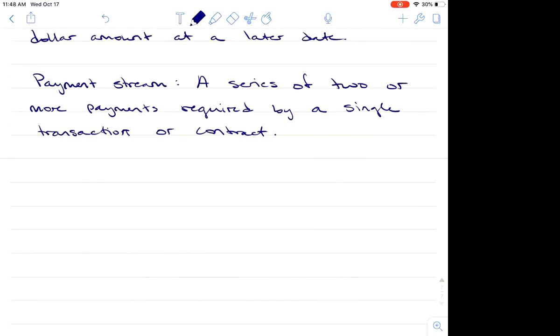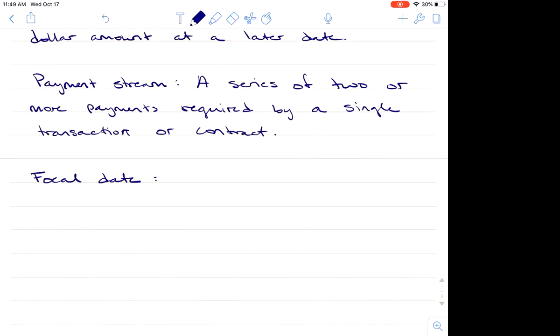So focal dates, we're going to talk about the focal date. The focal date is just going to be a date of importance, or where we draw our calculations to. For that loan repayment that we looked at for D's loans, the focal date, the date that we drew all our calculations to, was December 31st.